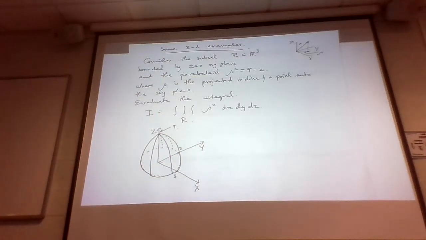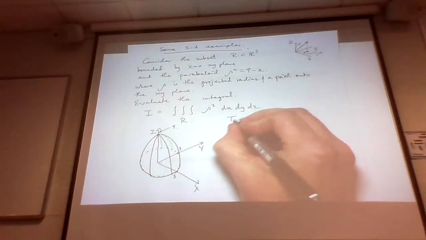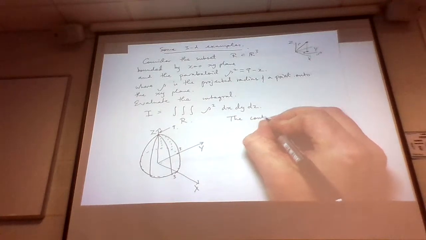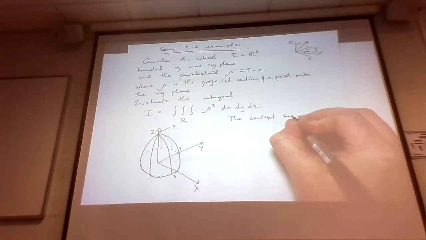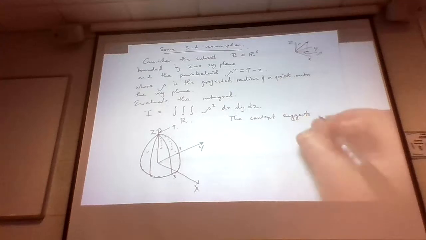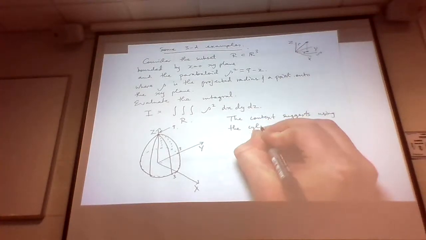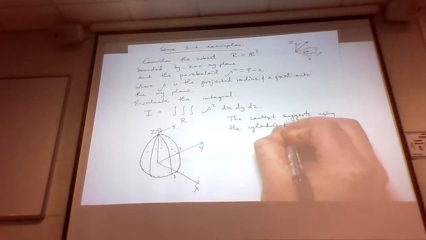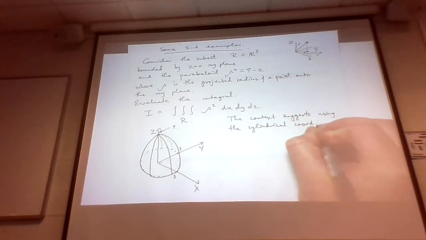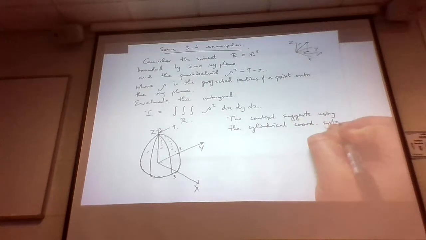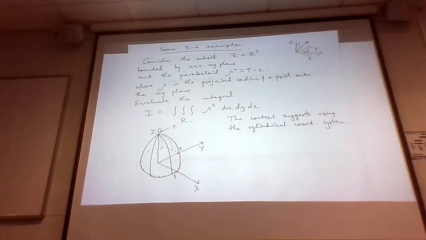So the context suggests using the cylindrical coordinate system. And we defined this a few weeks ago when we originally presented the definition of the Jacobian transformations.